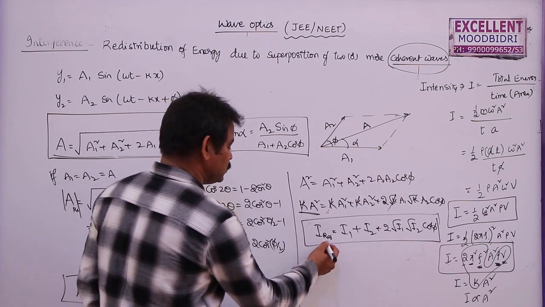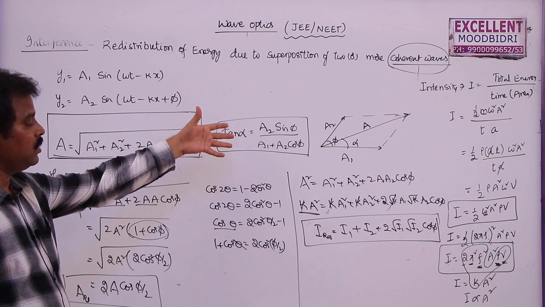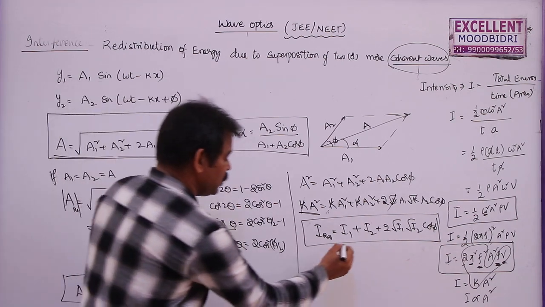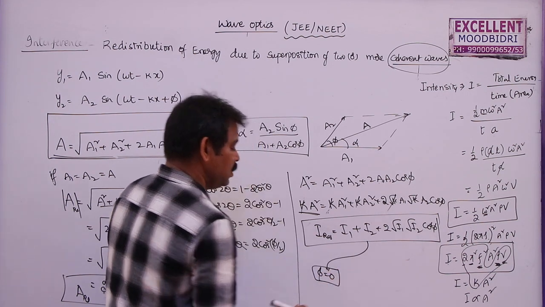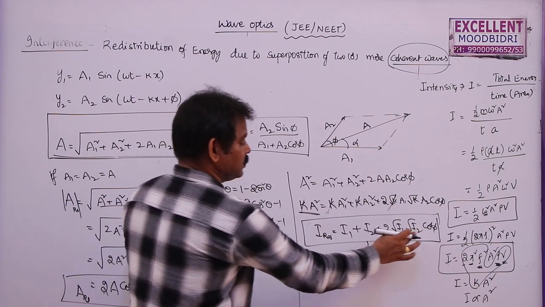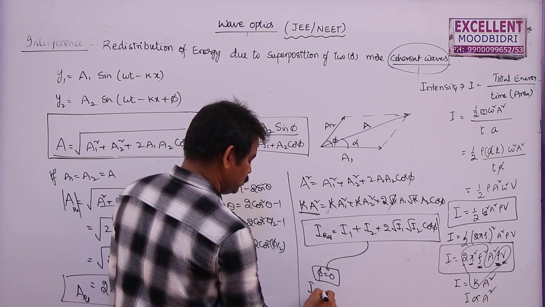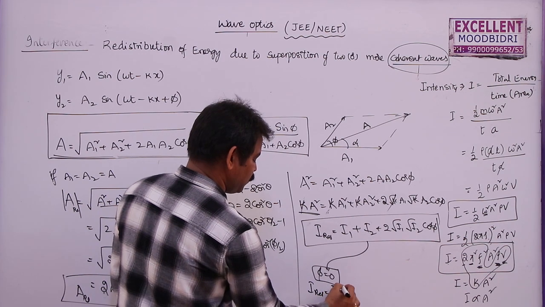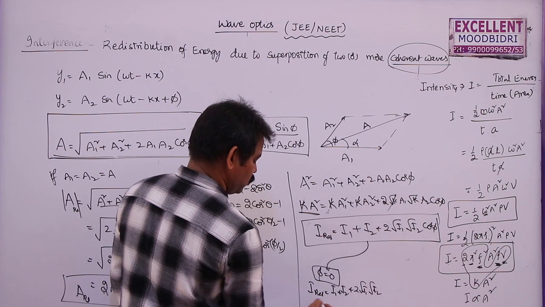So from this I can write when the intensity of the wave is maximum and when it is minimum. It is clear that if phi is equal to 0, that means the two waves have no phase difference, then cos 0 will become 1. So I resultant is given by I1 plus I2 plus 2 root I1 I2.